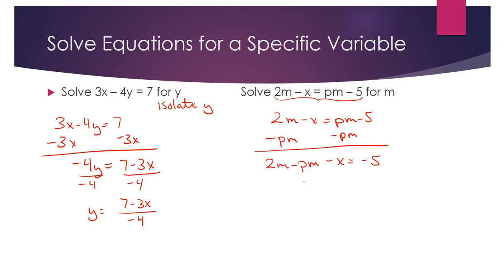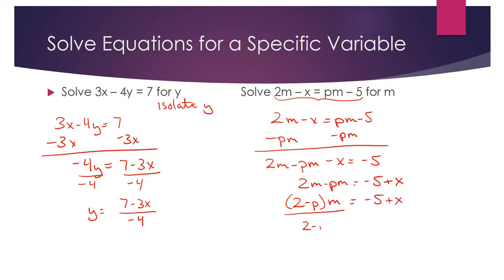Now I'm going to move the x to the other side because I don't want it with the m's. Remember, I'm trying to isolate the m. So now I have a problem because I'd like to divide by 2, but I still need to get these m's together. So I'm going to use our distributive property, and I'm going to say (2 minus p) times m equals negative 5 plus x.